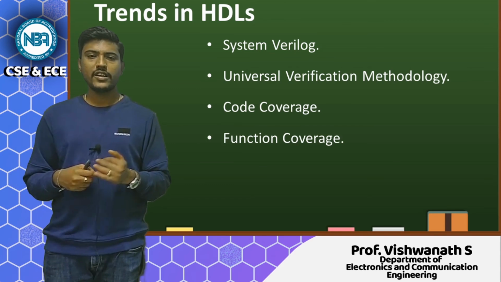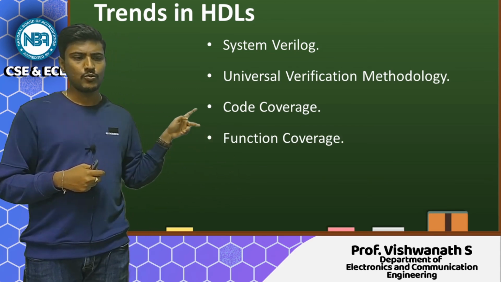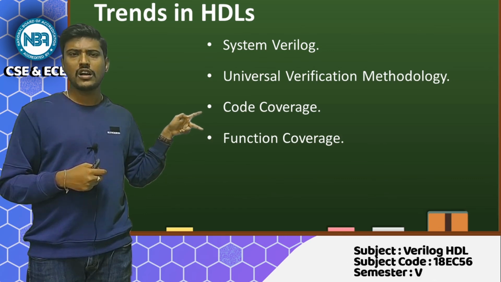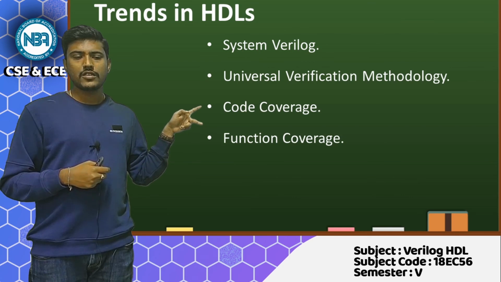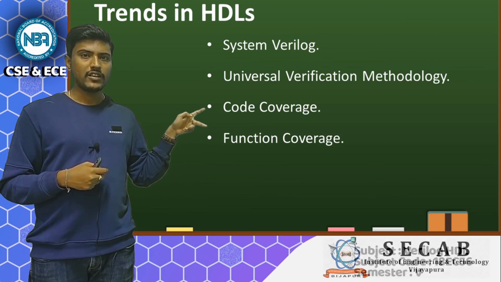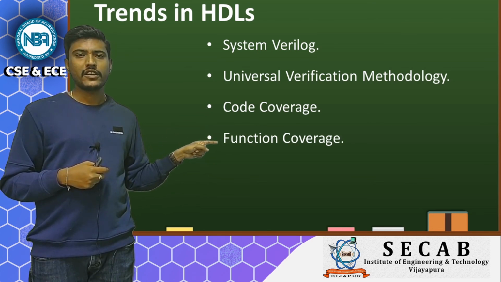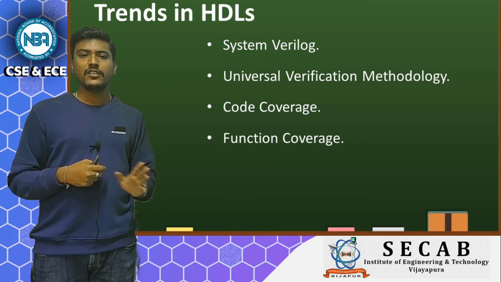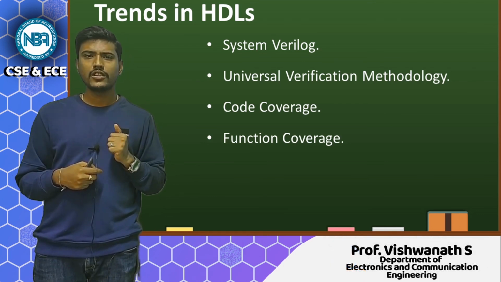So that is why functional coverage is also very important. These two are very important. As a good verification engineer, code coverage should be more than 90 or 95%, whereas for functional coverage, a minimum of 80% we need to achieve.